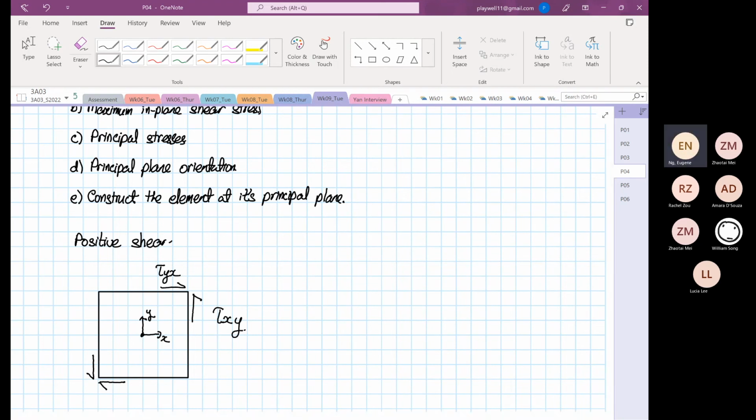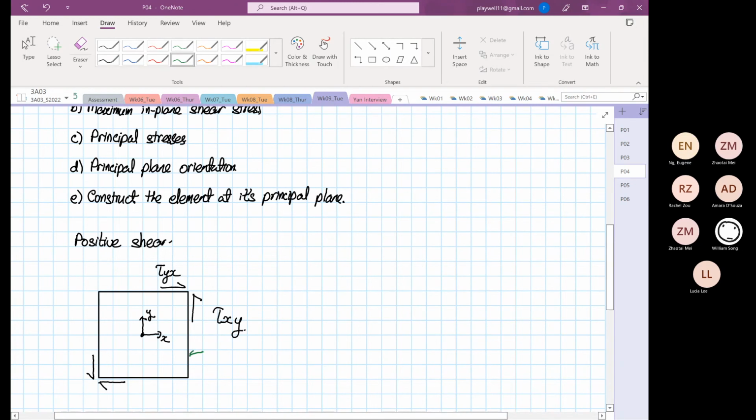Why is that? Over here, I'm going to use a different color now. This surface over here is an X positive surface, because it intersects the X axis on the right-hand side of the dot at the center.